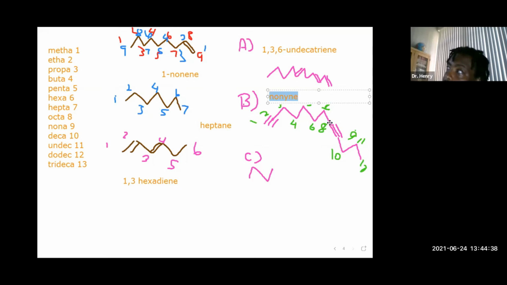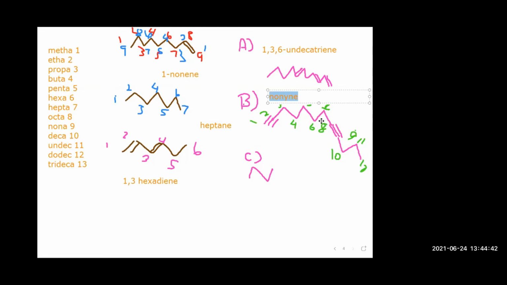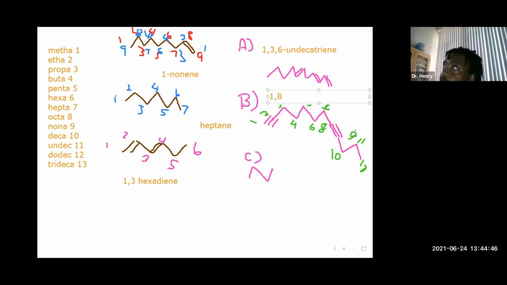So it'll be 1, 8, and you said there's 12, so that would be dodeca, and then di, and then yne, which is ugly.